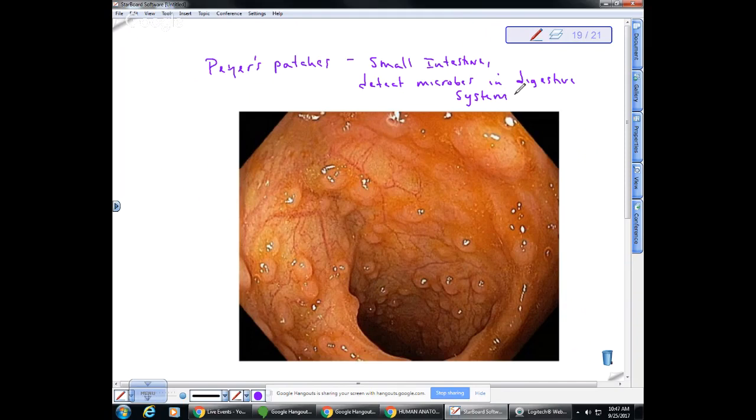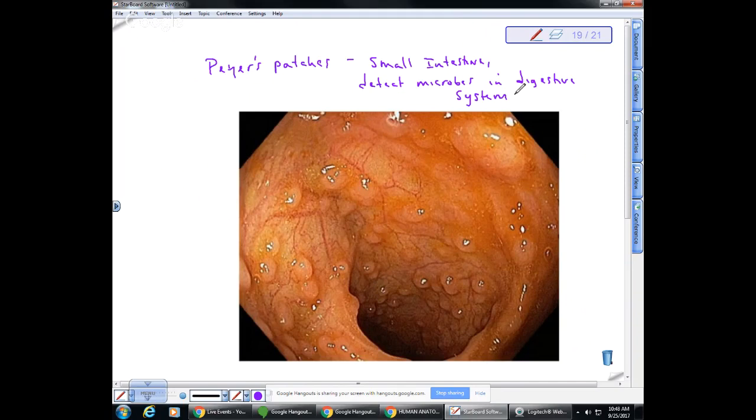And for some reason, we're getting more and more diseases of the intestine, like gluten intolerance or celiac disease or Crohn's disease. And so this might play an important role in some of those, because, as we'll get to with the immune system, sometimes we talk about autoimmune diseases where the immune system actually attacks healthy, normal tissue. And if that happens in the small intestine, you get leaky gut.